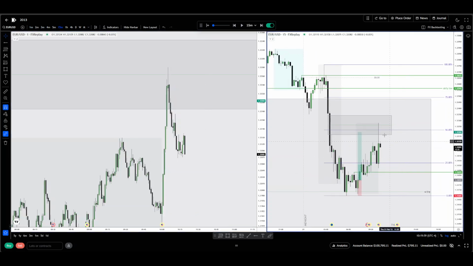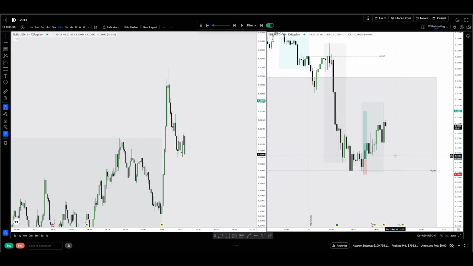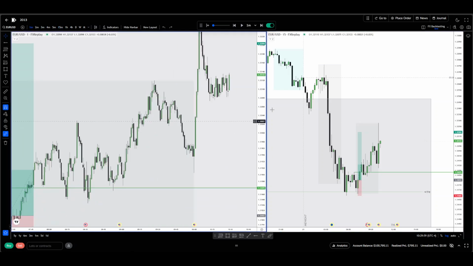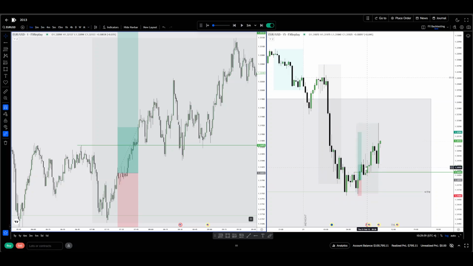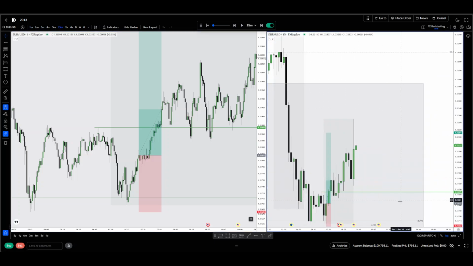But you might say also on the 50 minutes, if we move all this stuff. This one also. Well, I did it like the support. One moment. This line. Yeah. So we broke it here, and then it kind of acted as support. You can see here, once it broke, oh, there's a fair value gap resting below it.